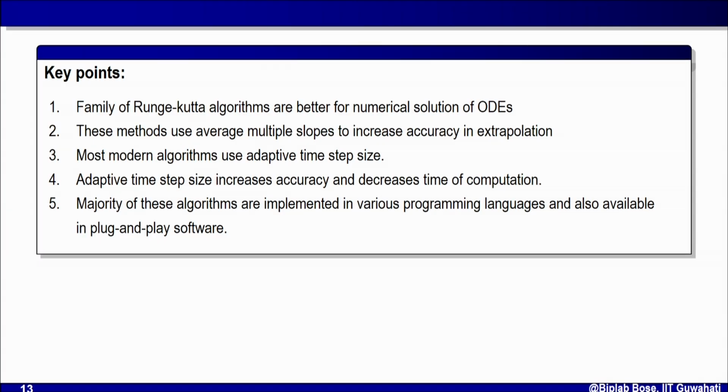This family of algorithms based on the Runge-Kutta method and others are usually used with an adaptive time step algorithm, so that the delta t, the time step, is not fixed. It keeps on varying depending upon where you are in the function.